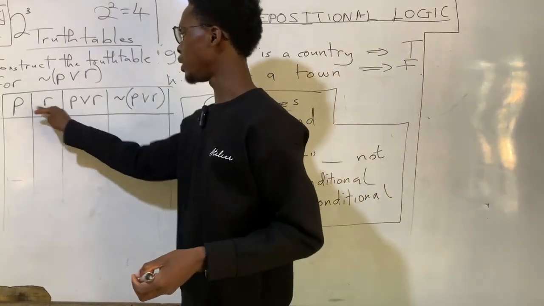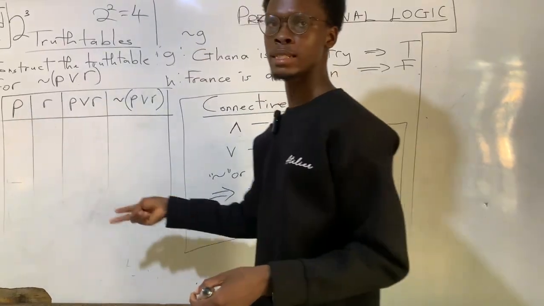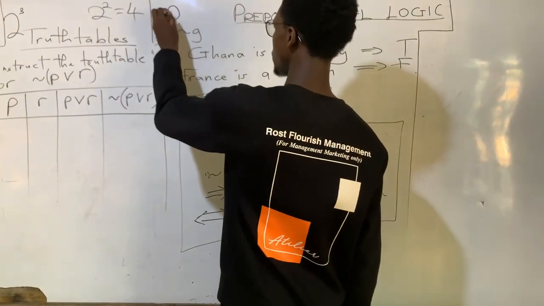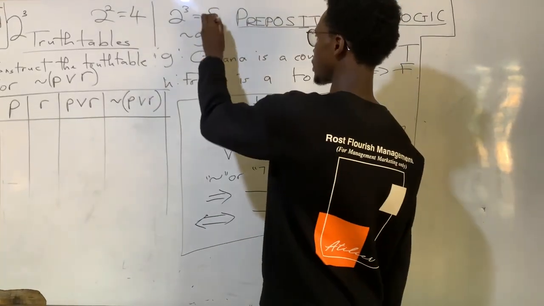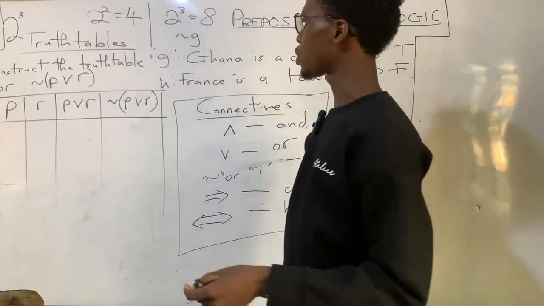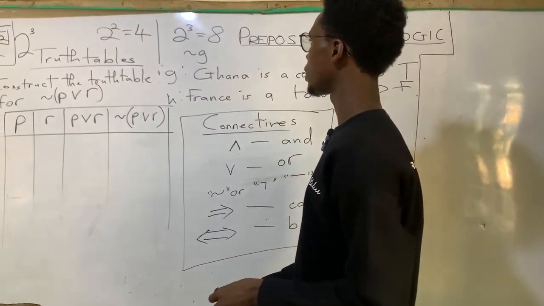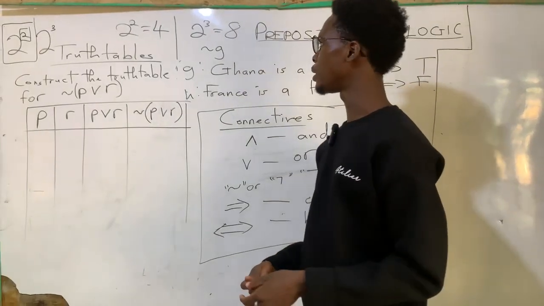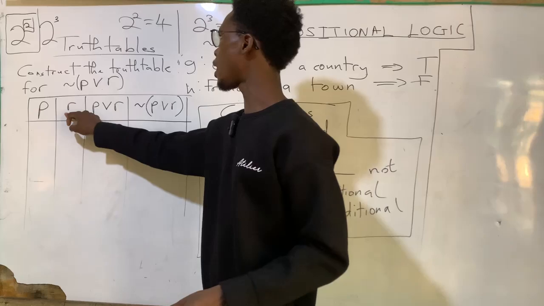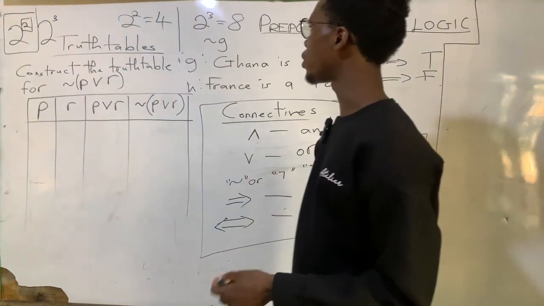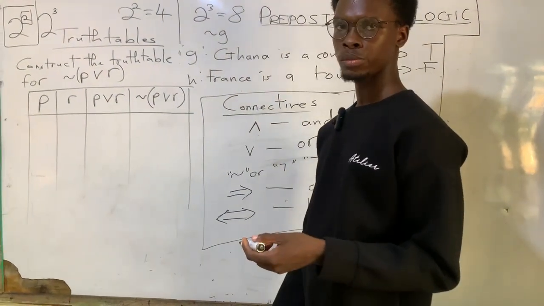What if you had 3, like P, R, and S? So 3 statements is going to be 2 to the power 3. This 2 is a constant, as you see there. 2 to the power 3 is 8, right? What if it was 4? You're going to have 2 to the power 4. Are you there? So here, since there are 2 statements, P and R, you're going to have 4 rows, right?